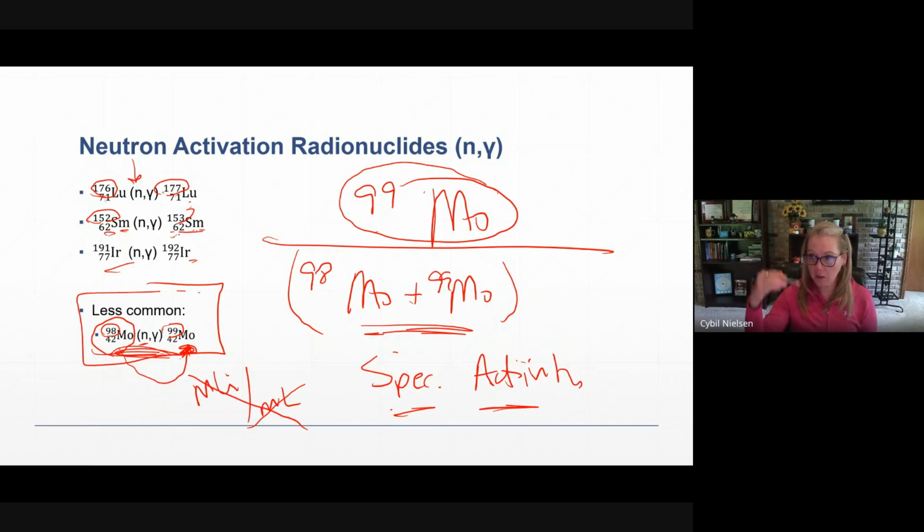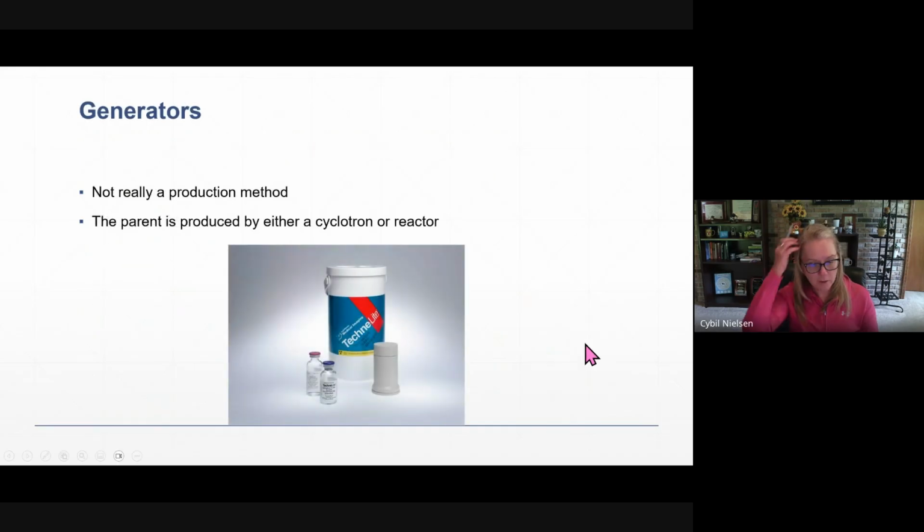So this is not moly over tech. Those are two different elements. This is moly-99 over moly-98 plus moly-99. And so if you make it this way, you've got some of that moly-98 contamination in it. You don't like that. So we don't like to make it this way, but we can. We can if we don't have any fission moly. Fission moly is pure.